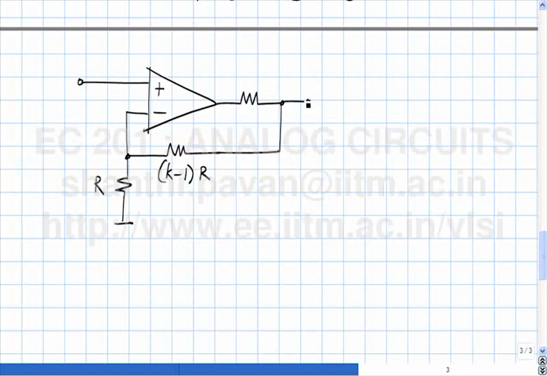Let us say the output impedance of the op-amp is not zero. So there is finite gain, which is A, and a finite output impedance.